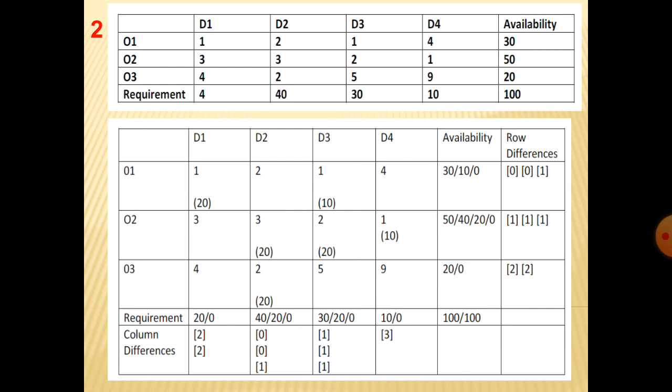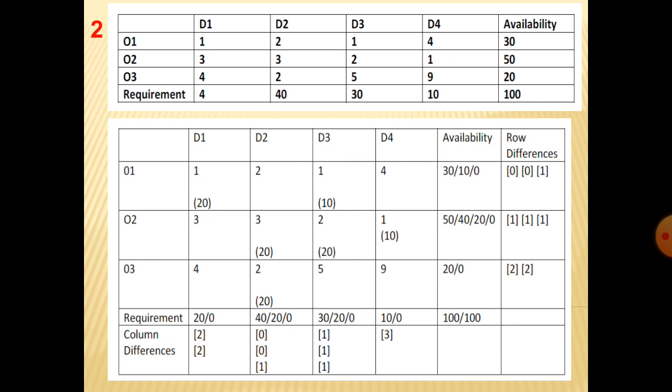Here 10 is remaining in the availability. Put a cross mark and write the remaining availability here. Understood? Next, leave this column also. D1 column you leave it and D2 column you leave it. Next, you have to find out the penalties for only D2 and D3 and all remaining rows and columns.